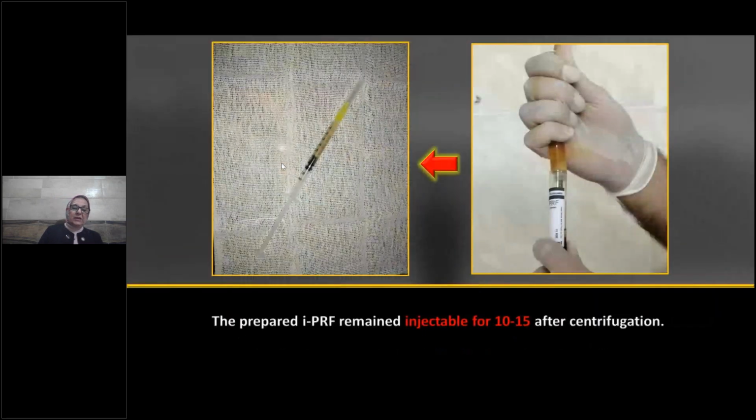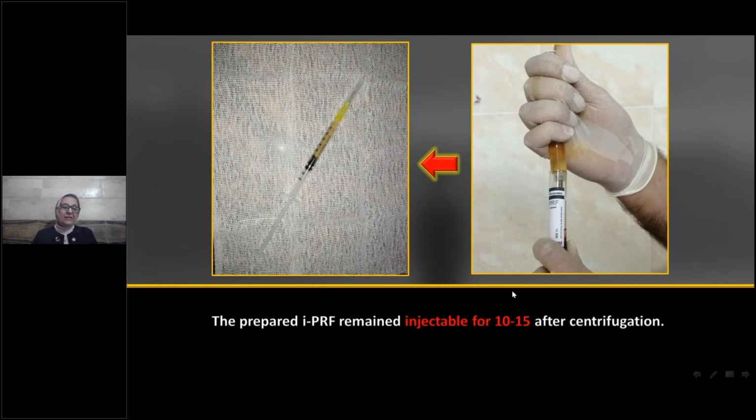The prepared injectable platelet rich fibrin remained injectable for a maximum of 10 to 15 minutes after centrifugation.